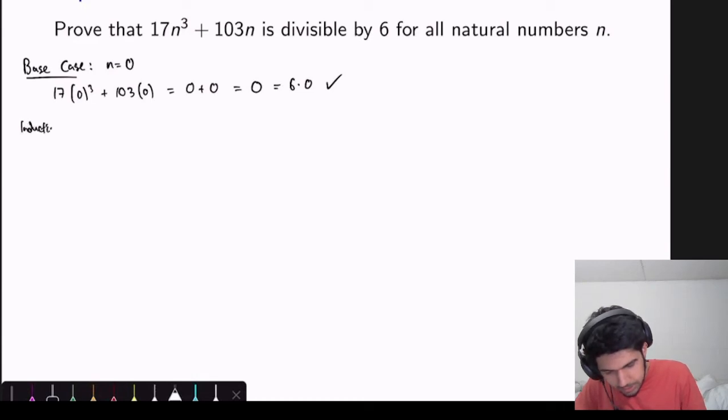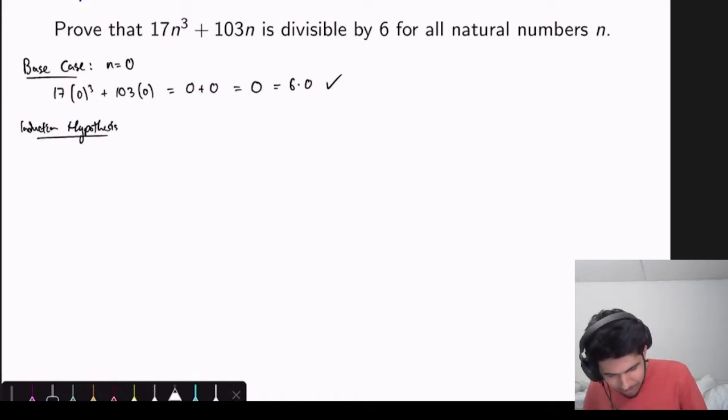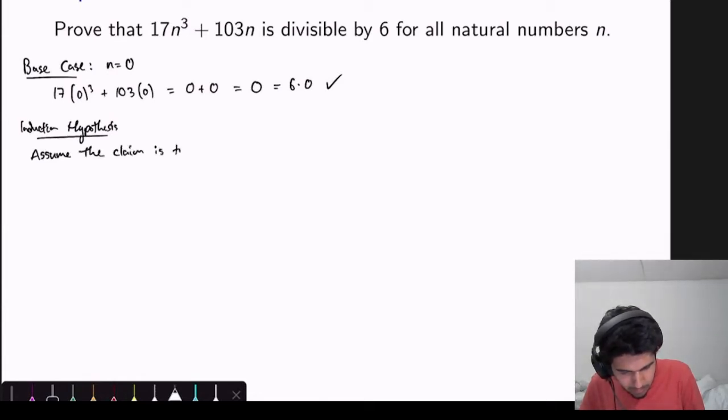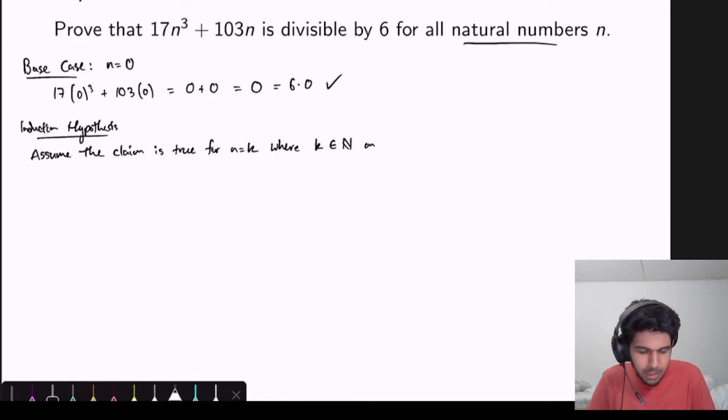Next is the induction hypothesis. This is where we have to use our words and say what we're assuming and bound things correctly. So I will write, we're going to assume the claim is true for n equal to k. So we're doing our change of variables because we're given an n, and now we want to use k, where k is a natural number because that's the domain we're given, and k is greater than or equal to 0.